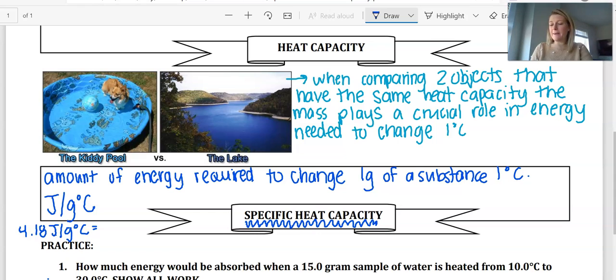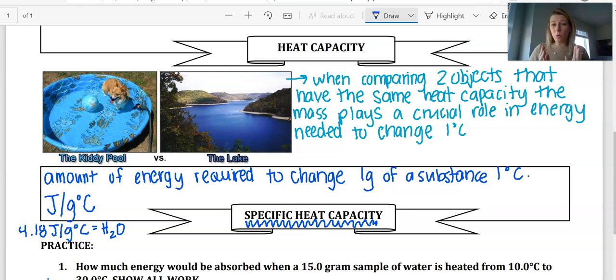What that says is that for every 1 gram of water to change 1 degree Celsius, that water has to absorb 4.18 joules of energy. So for every 1 gram to change 1 degree, it requires 4.18 joules per gram degree Celsius.